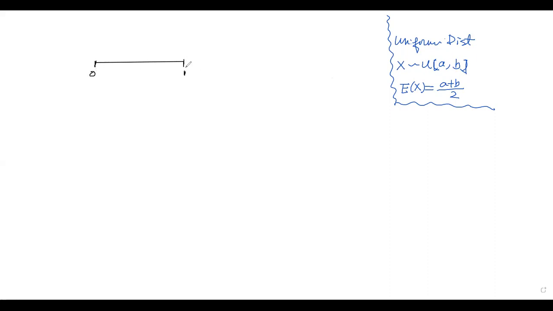Let's assume my point Q is at the 1/3 point. Now I have a point x that is randomly falling in this segment.